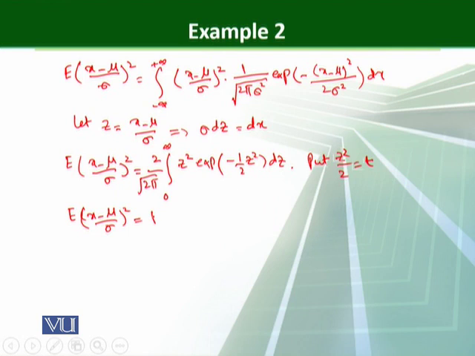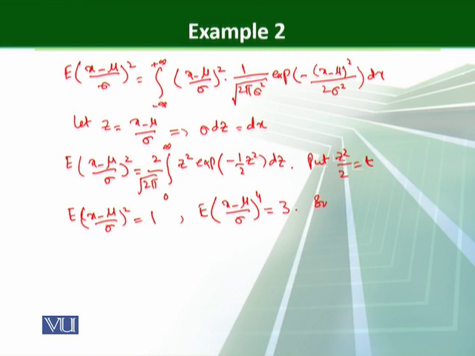On the same line, I will just write the result directly. You can proceed in the same way, and you will find that the expected value of ((x minus mu) over sigma) raised to power 4 is equal to 3. So we put these results in the previous equation.